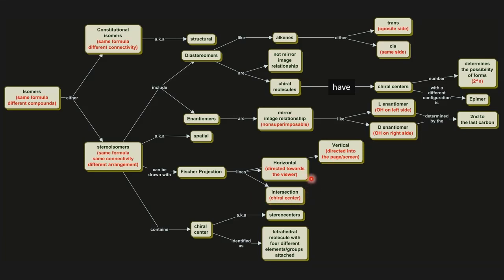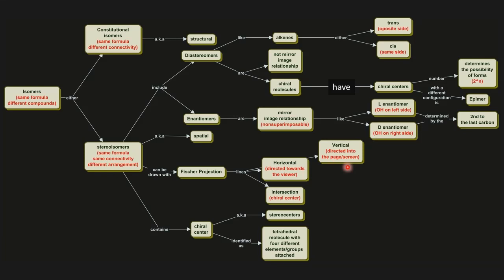The horizontal lines are the groups attached to the chiral center that project toward the viewer, while the vertical lines are the opposite: the attached groups moving away from the viewer, going into the screen or the page.